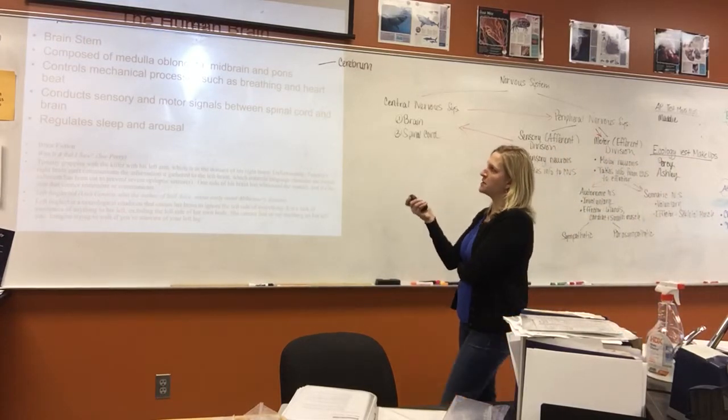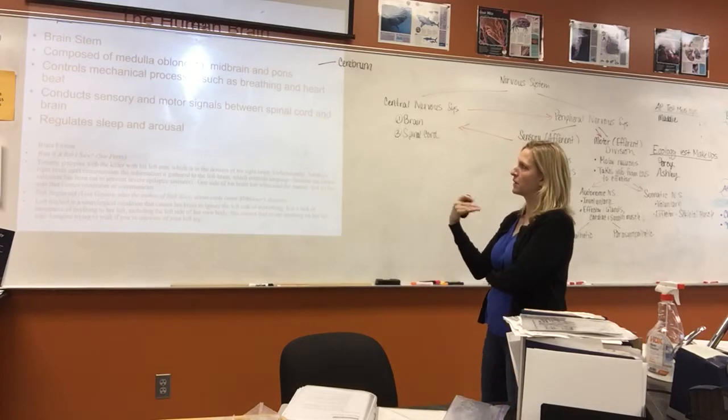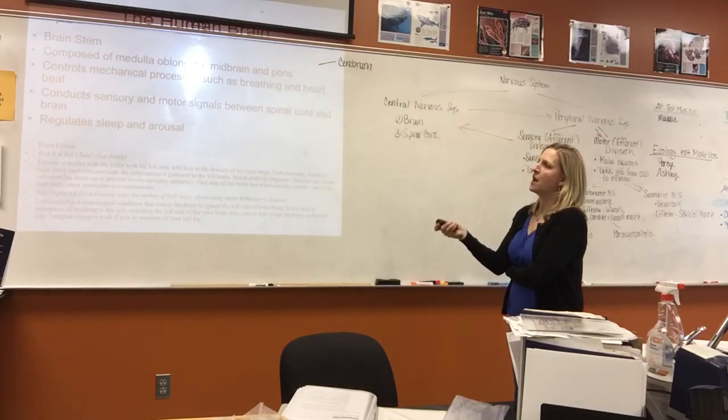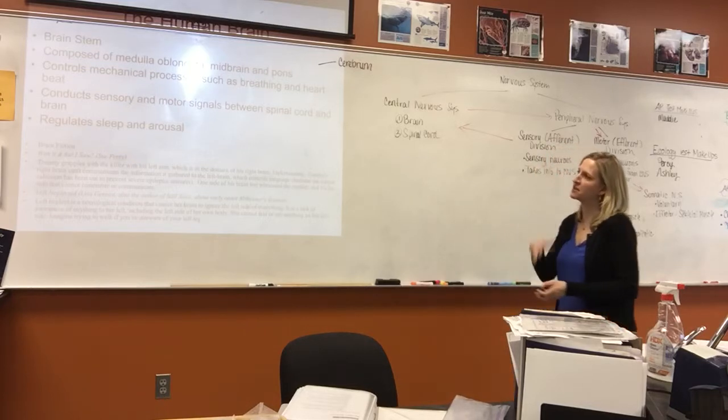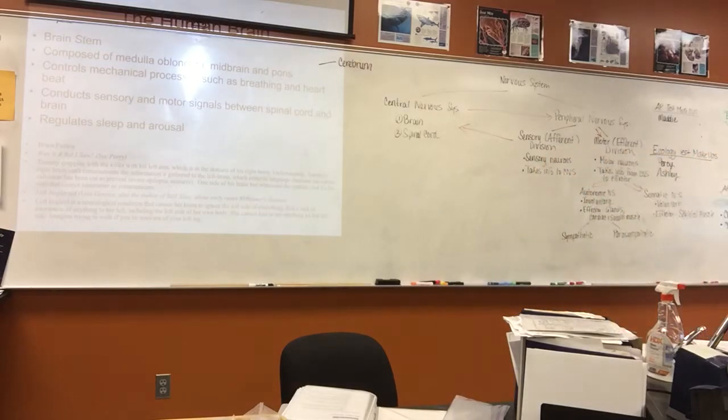They're involved in regulating breathing and heartbeat. They connect sensory and motor signals between your spinal cord and your brain. The signals literally have to go through the brainstem to get from your spinal cord to your brain or vice versa. They also help regulate sleep and arousal.